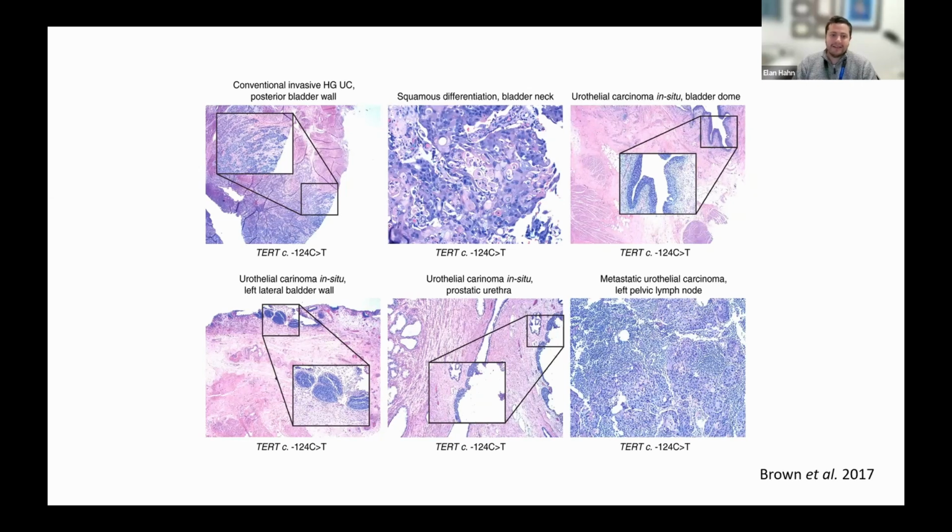They microdissected different components, including conventional invasive high-grade urothelial carcinoma at top left, squamous differentiation within the carcinoma in the middle, carcinoma in situ at the bladder dome, top right, carcinoma in situ, left lateral bladder wall, prostatic urethra along the bottom, and in the bottom right, metastatic to lymph node, and all of these had the same TERT promoter mutation. The authors concluded that they had the same origin and that they were related. And it was the more common TERT promoter mutation of the 124.